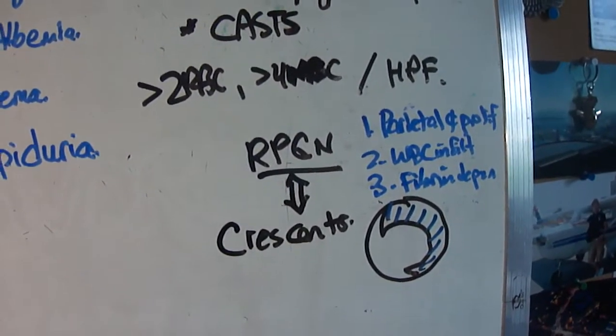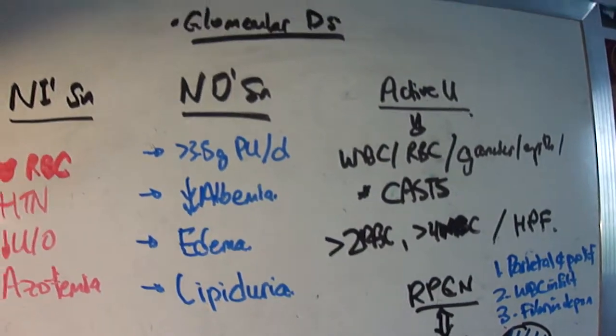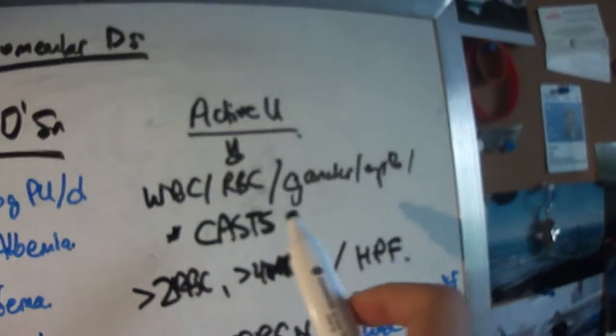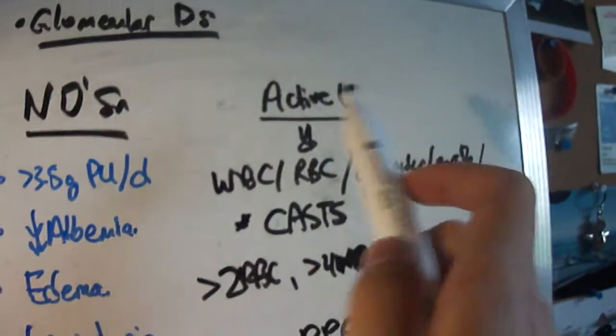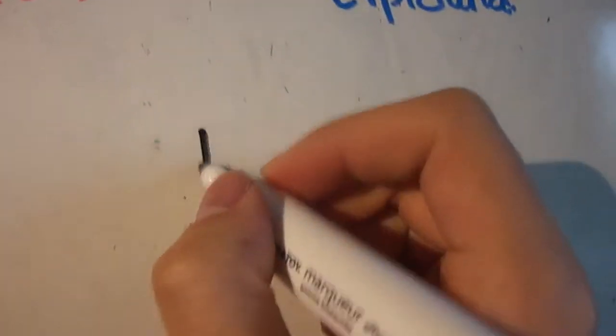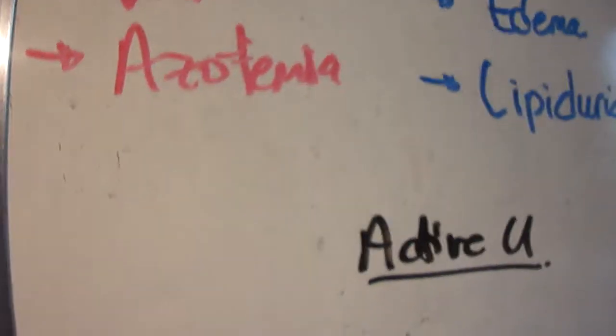Okay, so this is active, so we're talking about active urine here. And when you see these things, it means you have an active urine. And so now we need to figure out what is causing the active urine. Now there's three things that cause active urine.